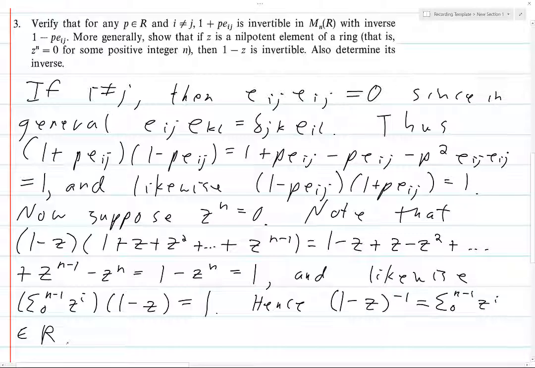Again, I have no idea how this relates to the previous part of the exercise. I really don't know. Maybe they want you to prove that 1 minus z, maybe they want 1 to be the matrix that's just 1 and z to be the matrix that's z on the diagonal, but it would amount to being the same thing, because then you just put this element 1 minus z inverse on the diagonal, and that would be your inverse.